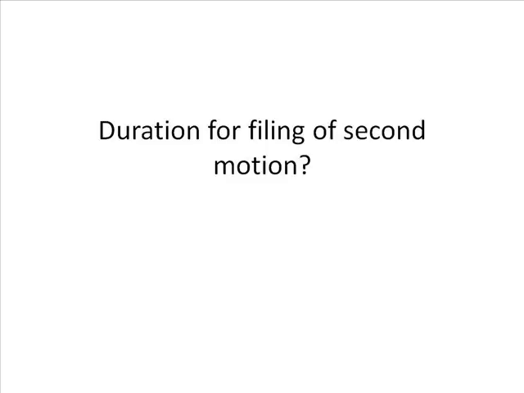If the second motion is not filed within the stipulated period, then the divorce petition gets automatically cancelled and the parties have to freshly apply for a divorce by mutual consent again.